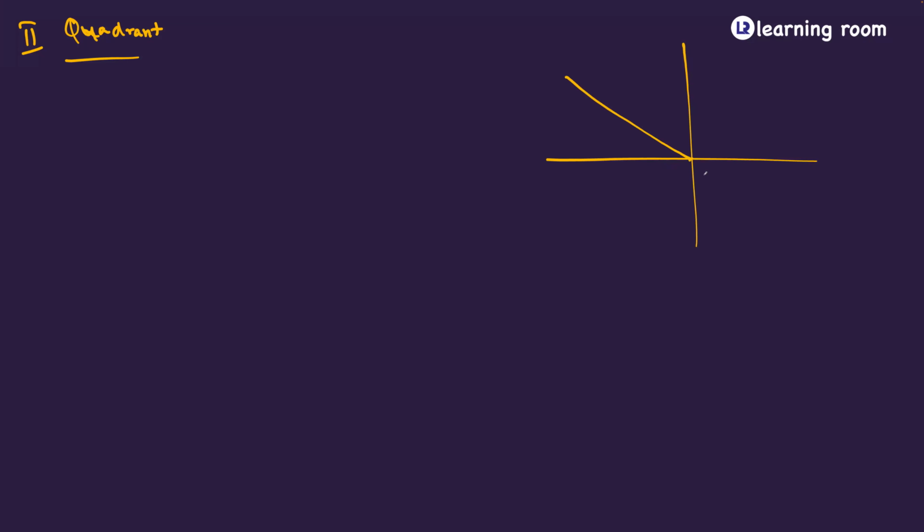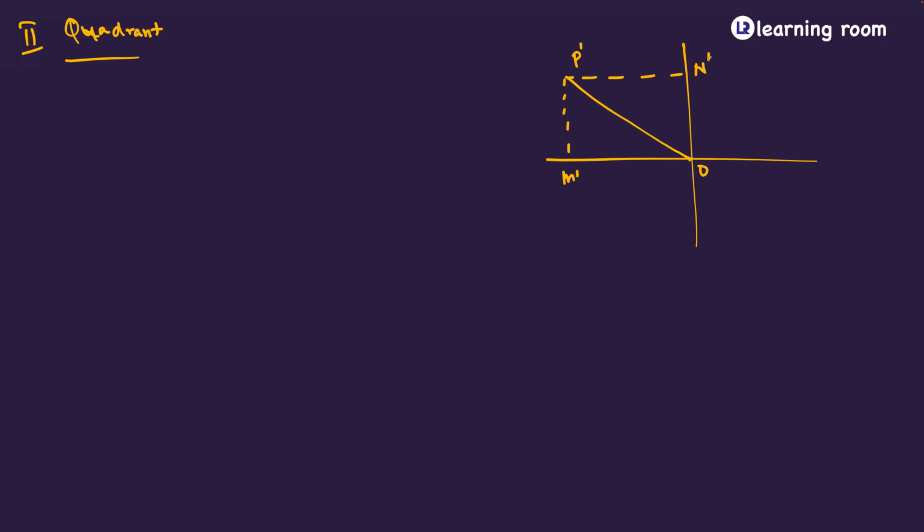So listen, when I talk about the second quadrant, there is a line like this, OP dash. Drop a perpendicular from here, this is M dash. You drop a perpendicular from here, this is N dash.